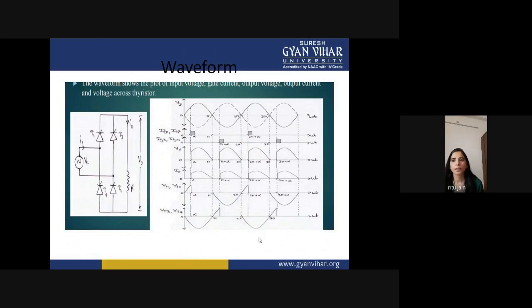So what is happening in this diagram? First, why is it called a full wave converter?